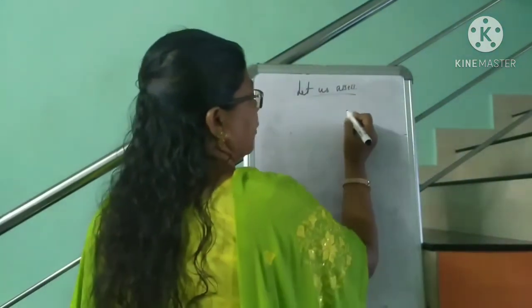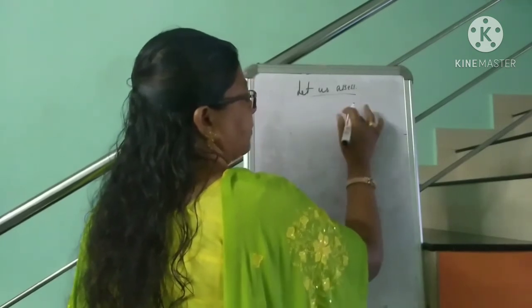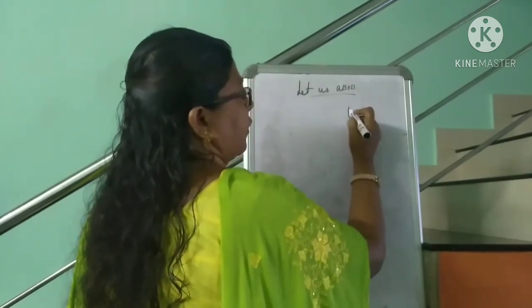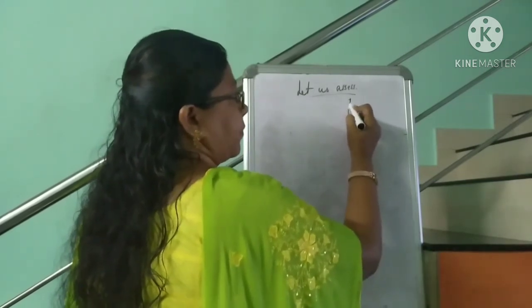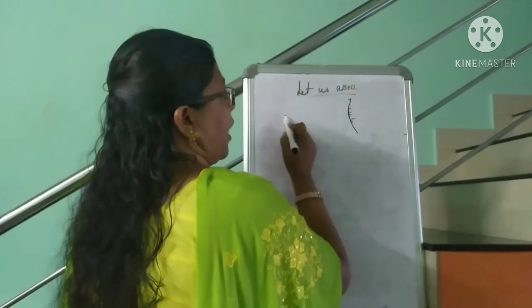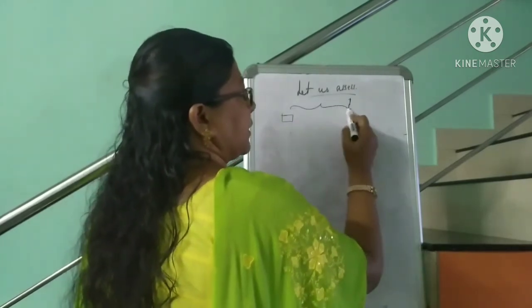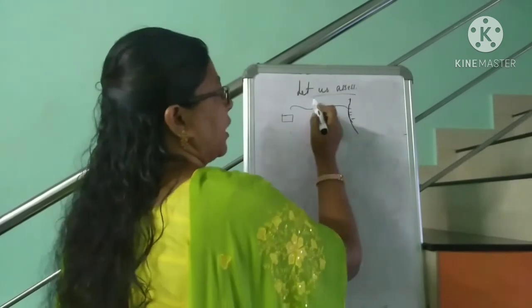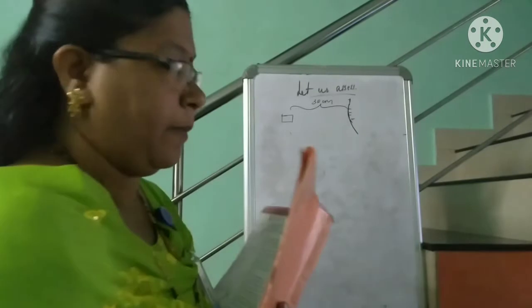So here, motorcyclist, we will draw the rough diagram. Suppose this is the mirror of the motorcyclist, and he is seeing a car coming from behind. What is the distance between this mirror and the car? Distance between the mirror and the car is 30 meters.